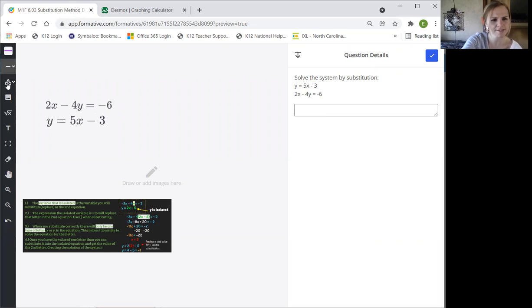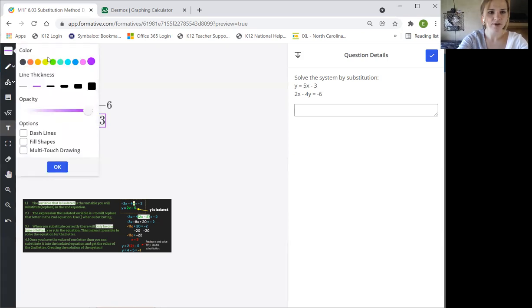What we need to do next is replace that y value in the other equation with what y is equal to. So what that looks like is, go ahead and write it.